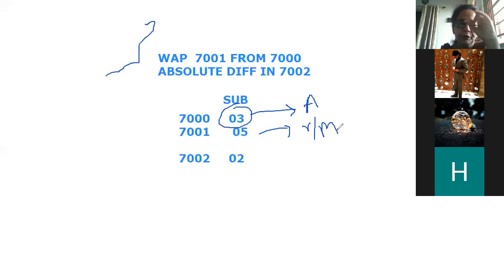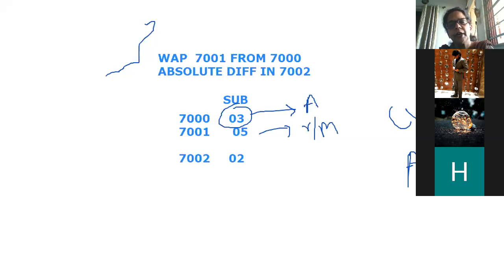After subtracting, if you remember the subtract instruction, whenever you are subtracting the smaller number from the bigger number, the carry is 0 and the actual answer is in the accumulator. Just go through the subtract instruction today. If you are subtracting the bigger number from the smaller number, the carry is 1 and the accumulator has the 2's complement of the actual answer.